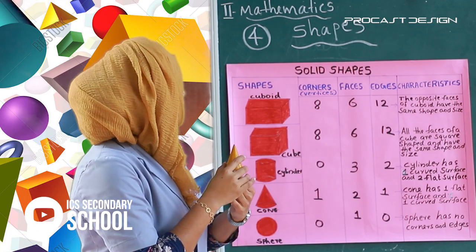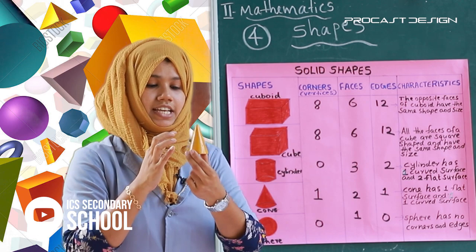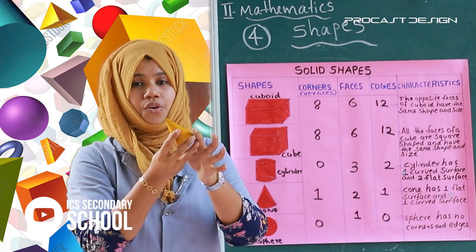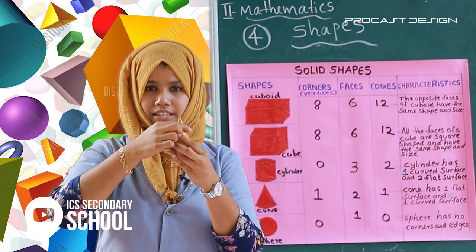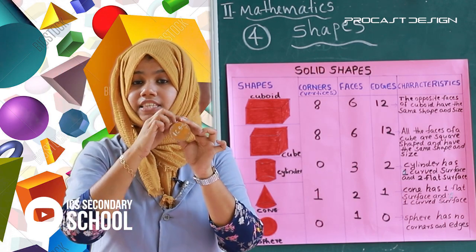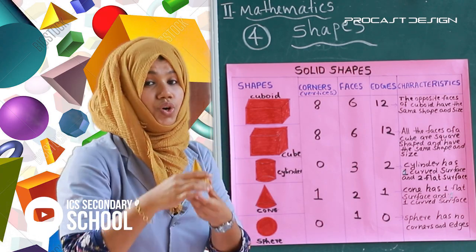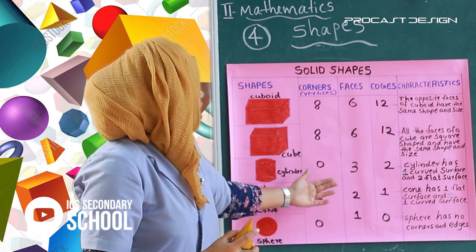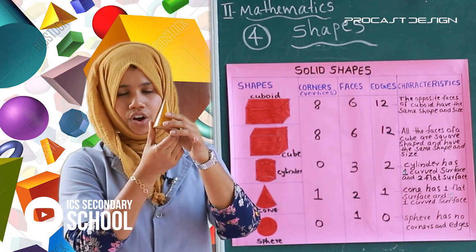How many faces are there? Yes, 2 faces. One flat surface and one curved surface. This is the flat surface and the curved surface. Is it clear? So this is the cone shape. How many edges? There is only one edge in a cone.